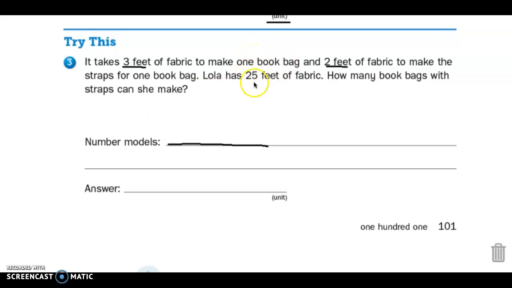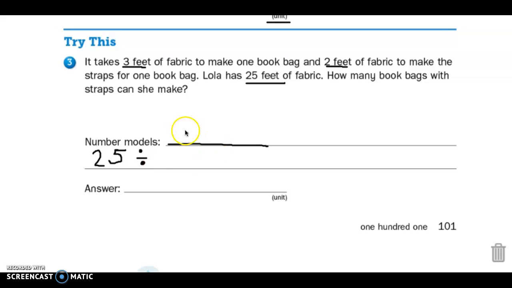Then, if Lola has 25 feet of fabric, I'll give you a hint, we're dividing. She's 25 total, and we need to divide it with how much fabric the bags use.